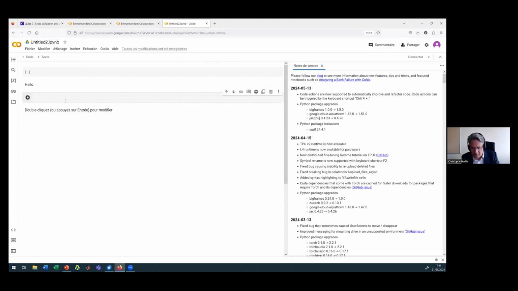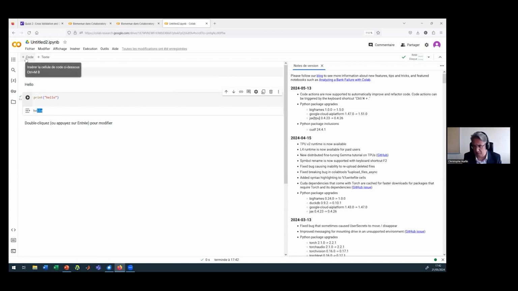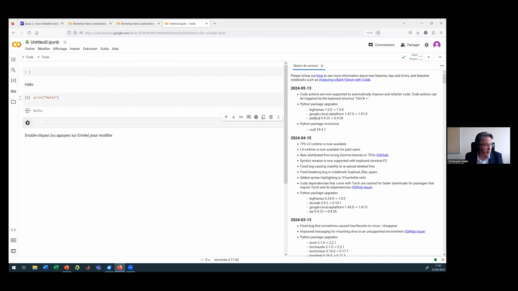So print hello. Then you can run the code by clicking on this symbol, and you get the result of your code in the bottom of your code box. So I can introduce another code.